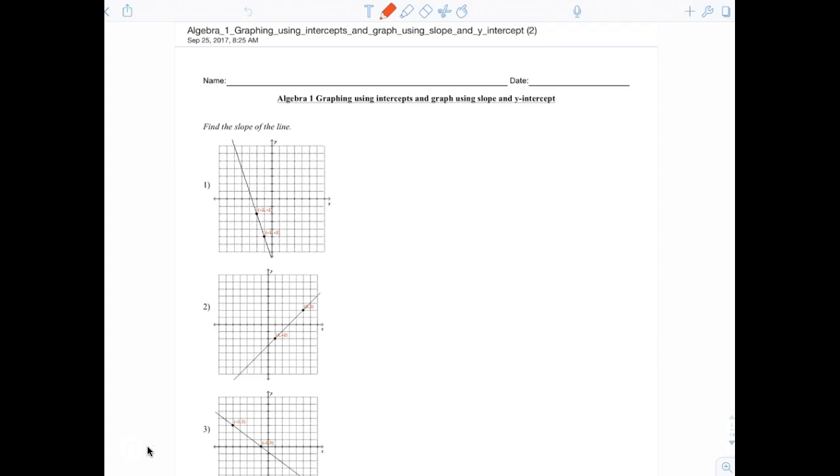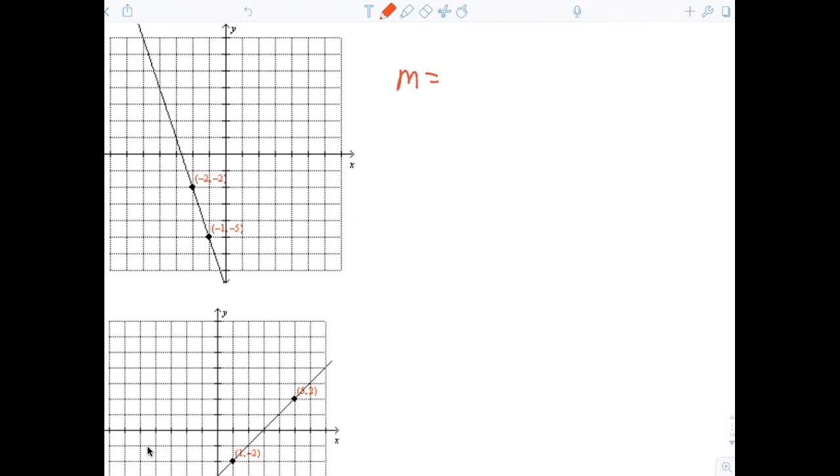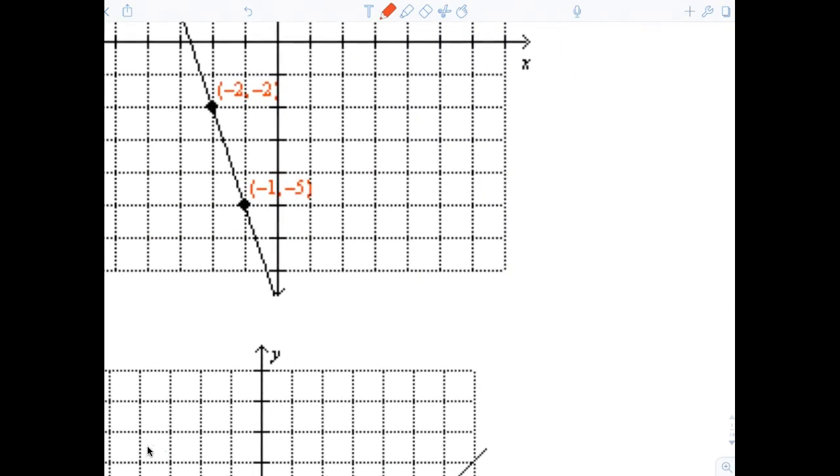It says just simply finding the slope. And remember what we said was m is delta y over delta x. So you have this information from here to here, and then here is where I'm at.